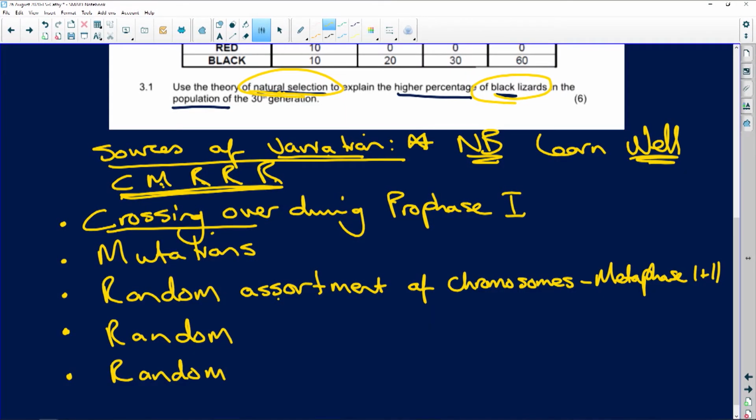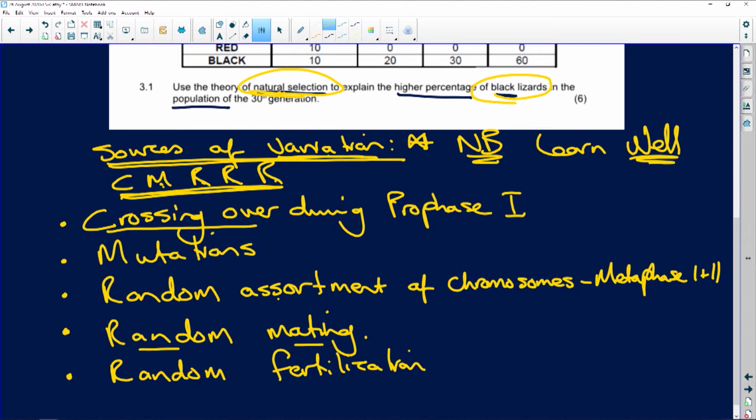Now, the second random is going to be random mating. So the female will mate with this male, then next time she mates with another male. So it's random mating. And the last random is going to be random fertilization. So which sperm is going to get to the ovum to fertilize that little ovum?